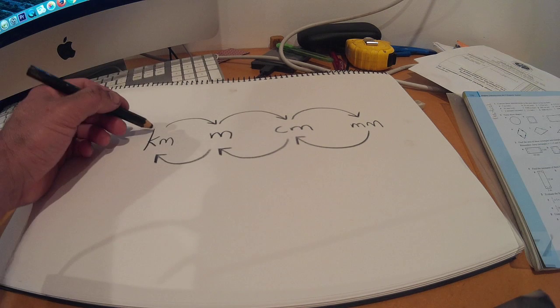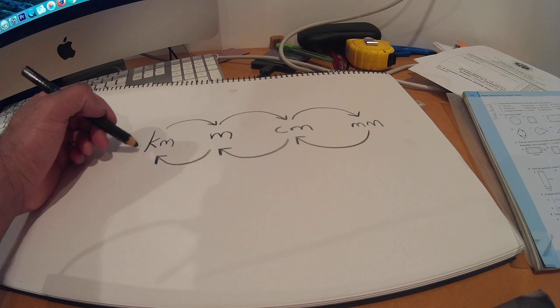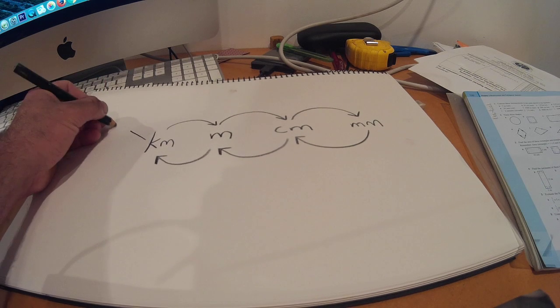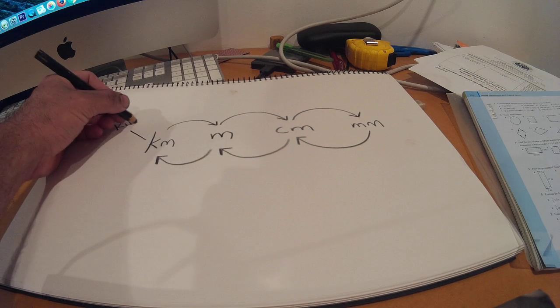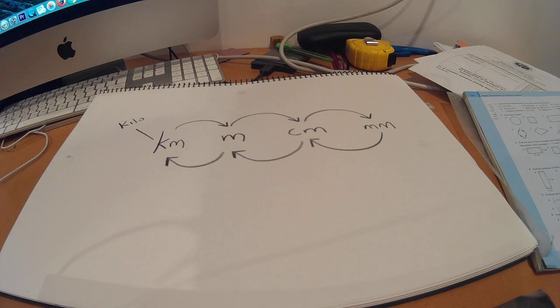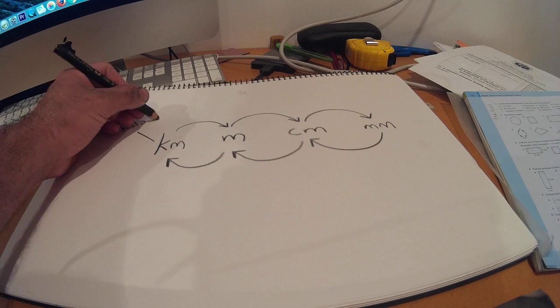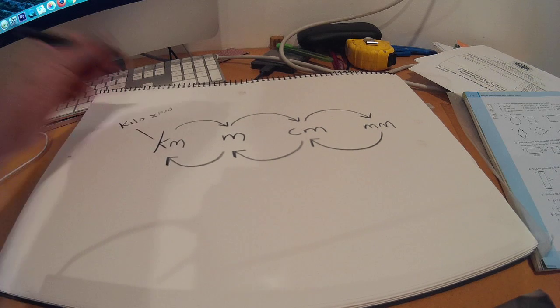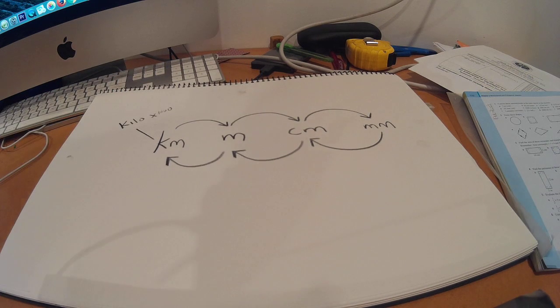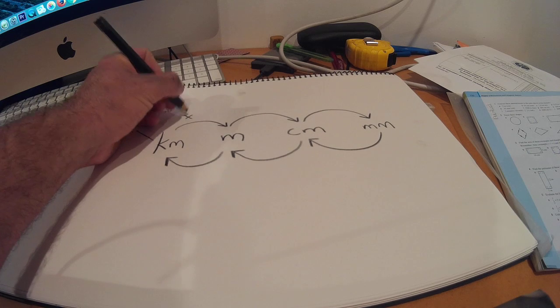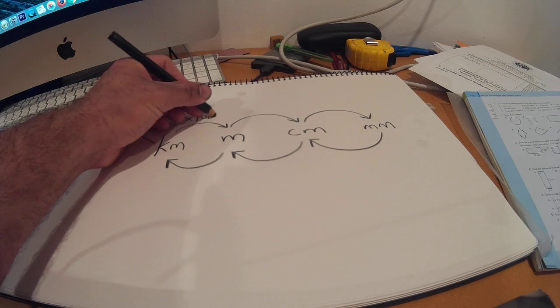And we know that when you see a K here, that stands for kilo. And whenever you see kilo or a K in front as a prefix, which is the letter that comes first, that means times 1,000. So what we're going to do is multiply above this arrow by 1,000.